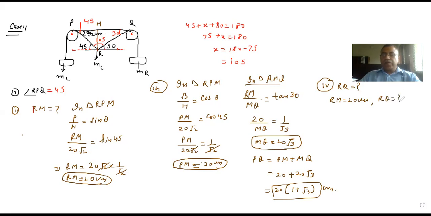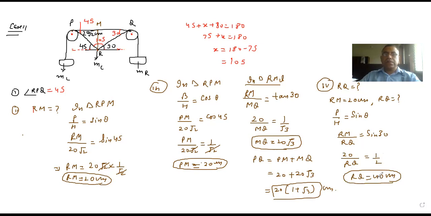RQ I want to find out. So perpendicular over hypotenuse is sine theta. My perpendicular is RM. My hypotenuse is RQ. Theta is 30. So RM is 20 over RQ, and sine 30 is 1 by 2. RQ is equal to 40 centimeter. So in this way, the questions can be asked to you.